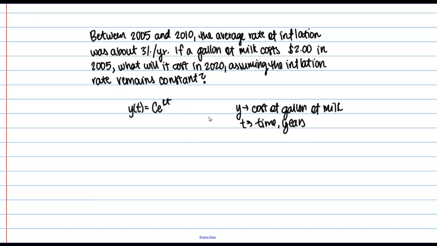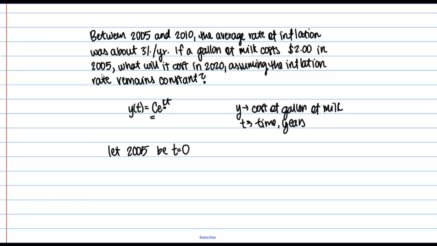So then to come up with our equation, we need to figure out what C is, and we need to figure out what k is. So let's start with C. So let's let 2005 be our starting point. So 2005 will represent a time of 0, since we're starting with $2 a gallon in 2005.